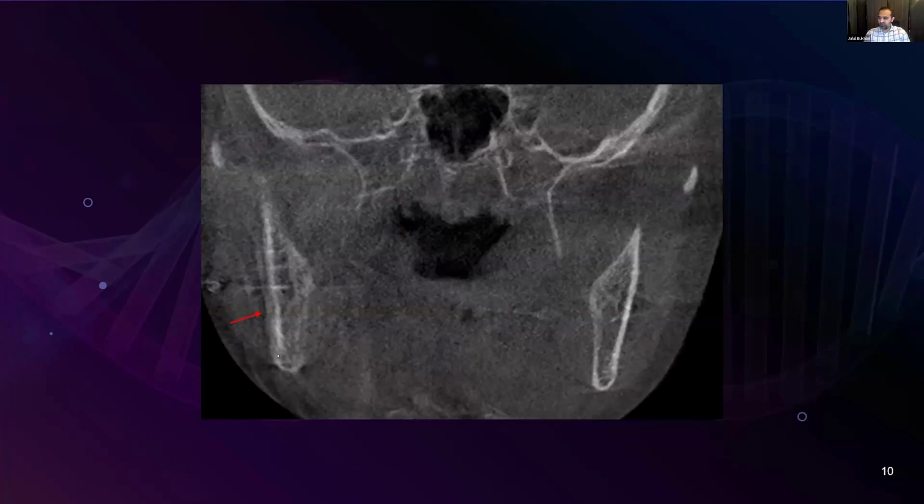We see one line right here representing the possible position of the ramus, but also another line just adjacent to it, which shows that it could have been moving from that initial area to the other area during the acquisition of the scan. And this is a great example of one area which has been affected by patient motion artifacts.